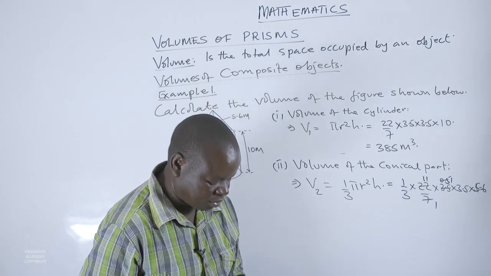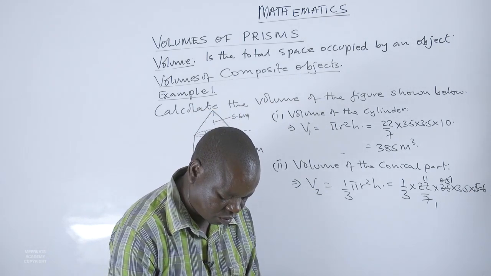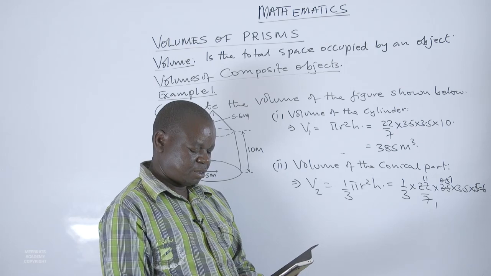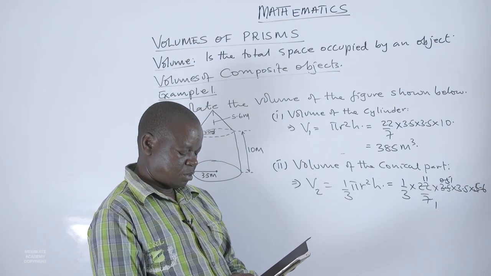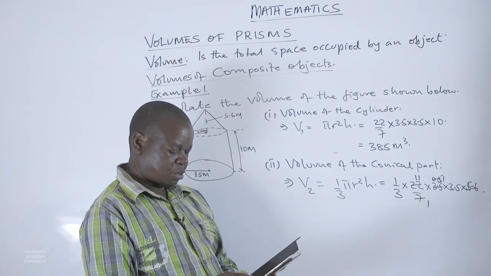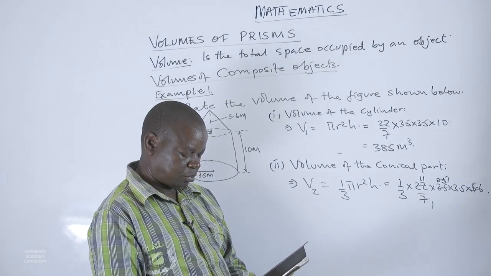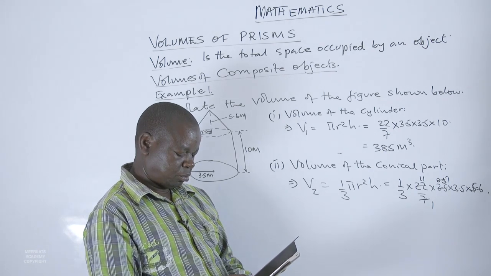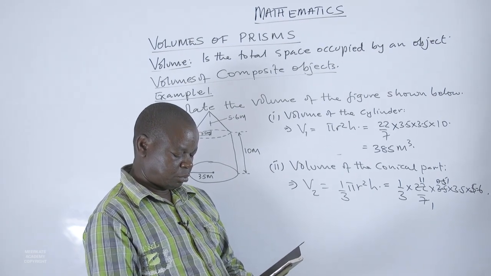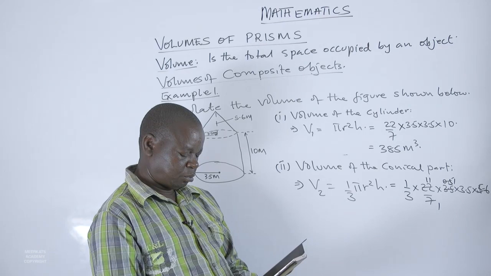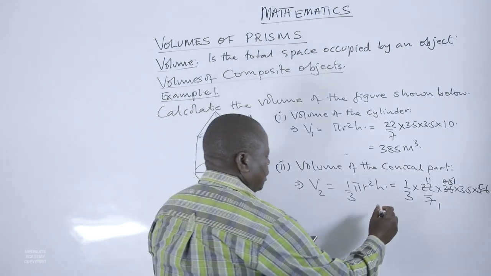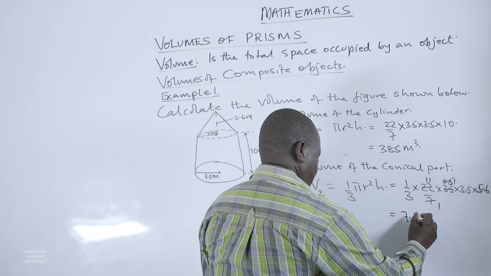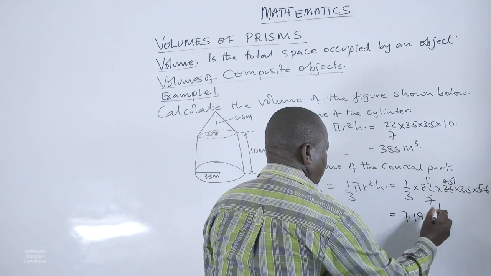So when we simplify, we obtain by your calculators 7.19 meters cubed.